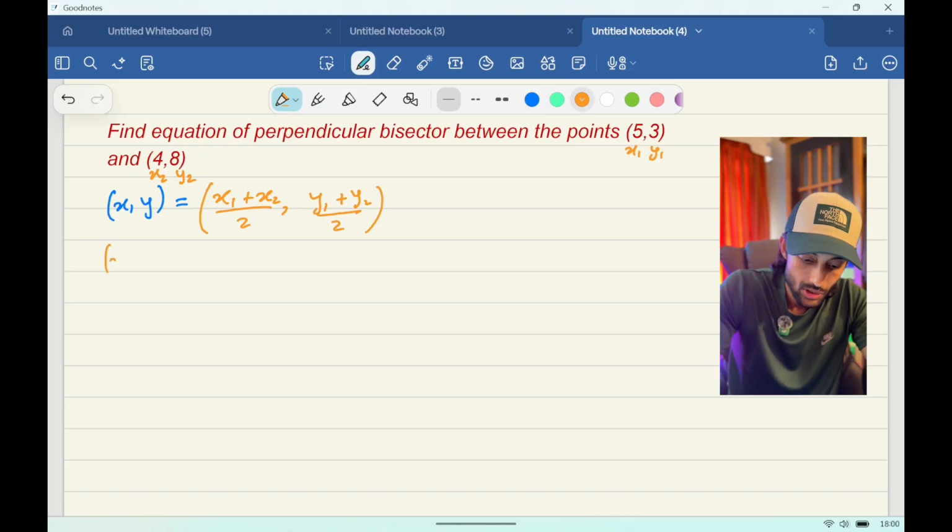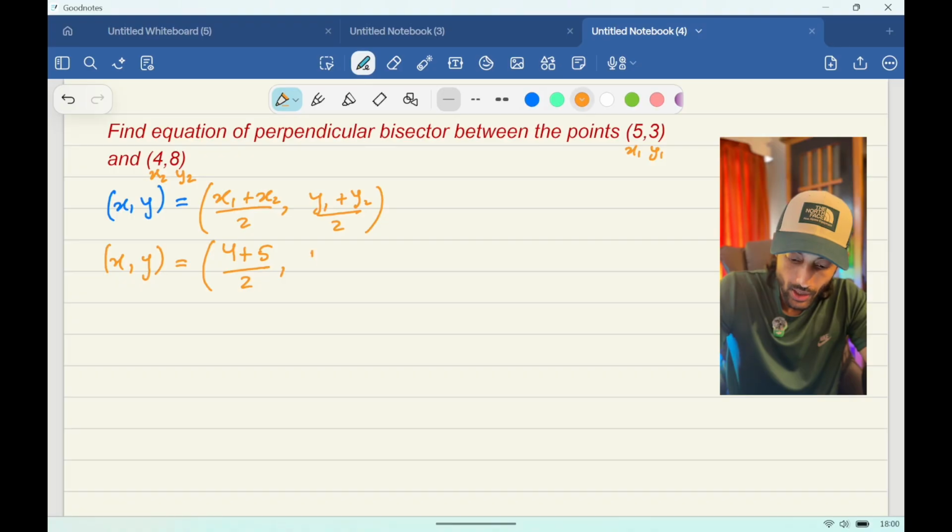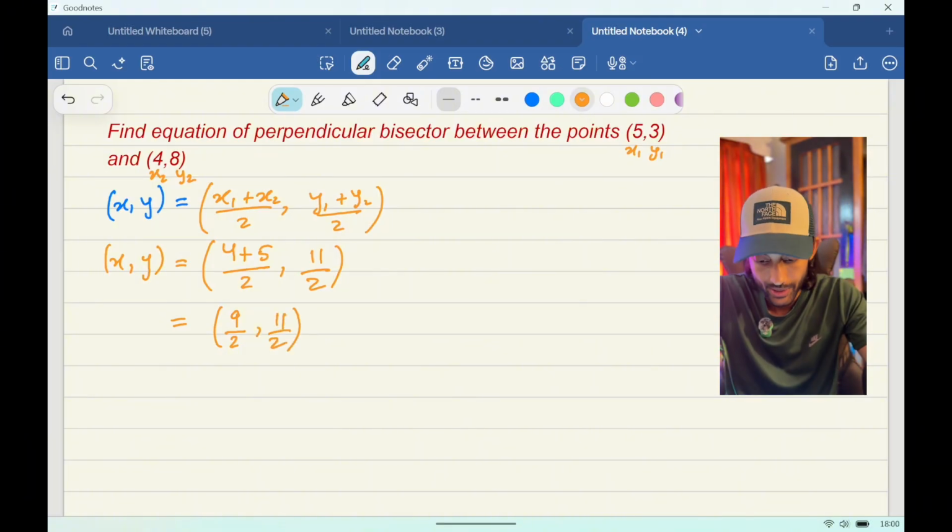And finally, if you input the values, x comma y will be equal to x1 plus x2, which gives 4 plus 5 over 2, comma y1 plus y2, which gives 11 over 2 because 8 plus 3 is 11. So this will give you 9 over 2 comma 11 over 2. These are my coordinates of the midpoint.